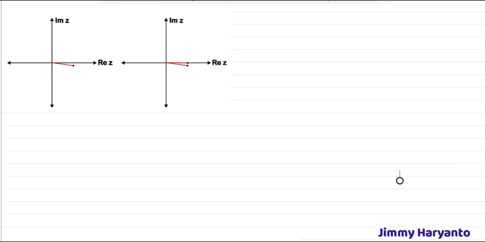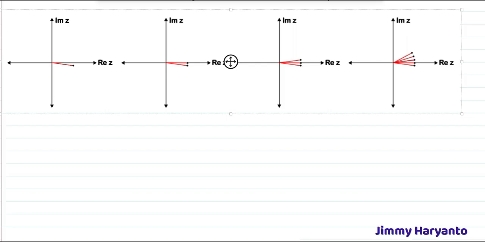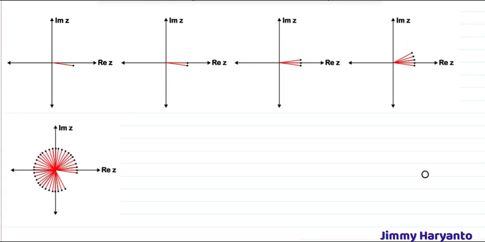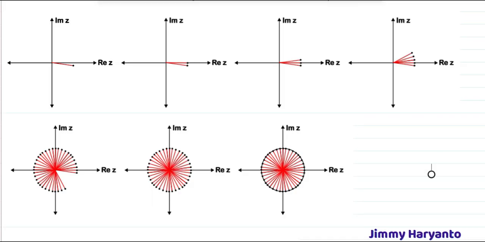Let's say I change the argument a little bit, it will become like that, and then I will increase the argument next, and finally it will form a circle. If we join all of the points, it will become a complete circle. So this is why modulus z equals a number is a circle.